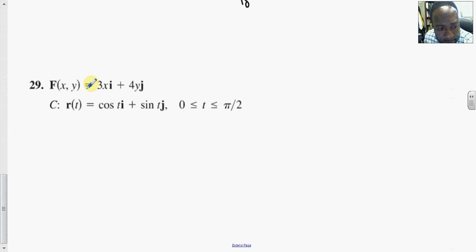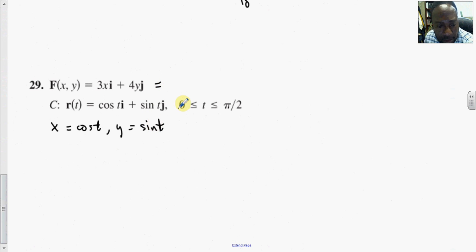So do you see that the function is 3 times x? What is x? Cosine t i plus 4 sine t j, right? x is cosine t and y is equal to sine t.